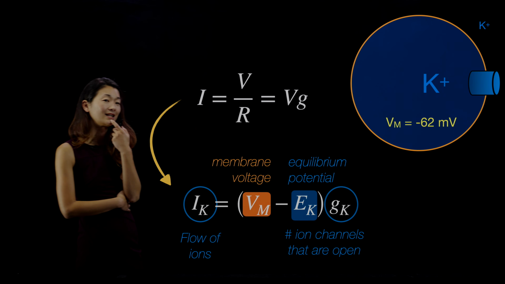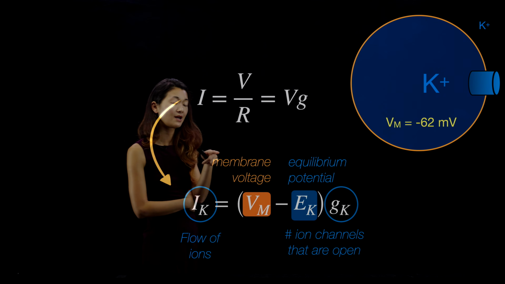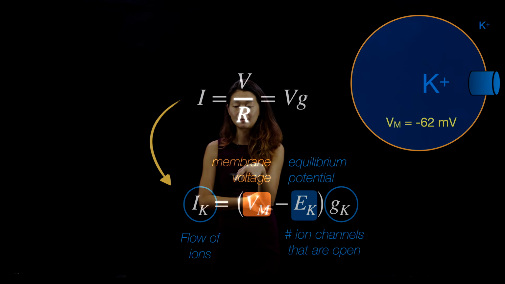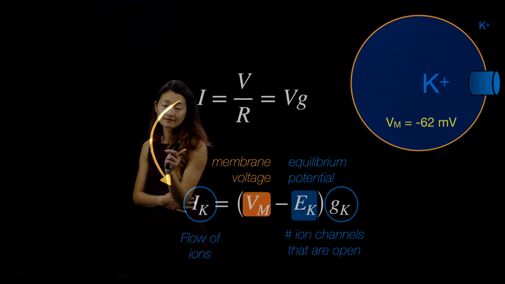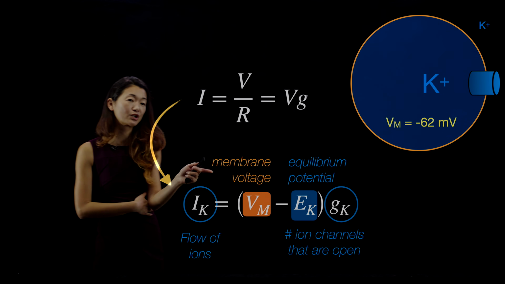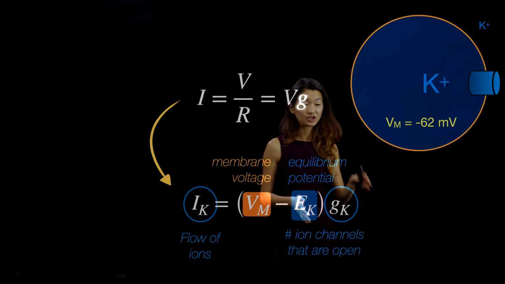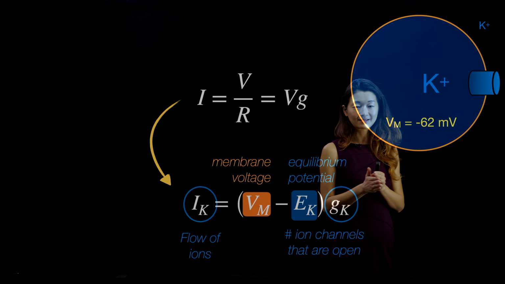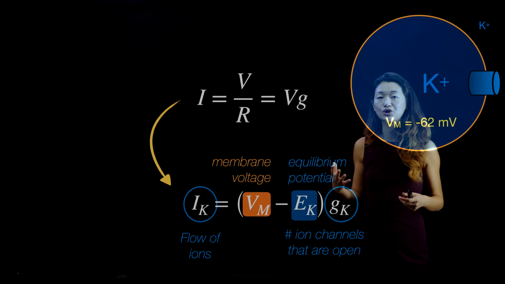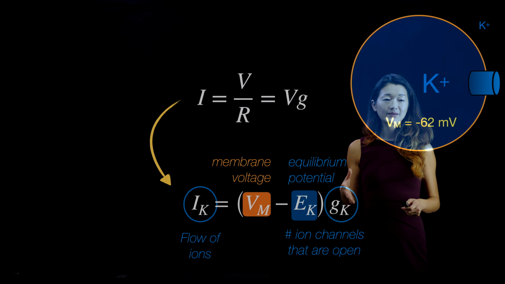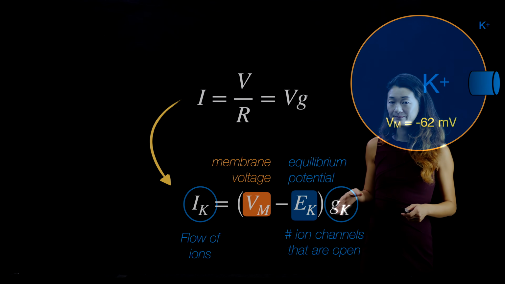Let's think about that for a second to make sure this makes sense to us. Okay? So the flow of ions is a net flow of ions, right? Net flow of ions is going to be proportional to V sub m minus E sub K times G sub K. So let's see if this jives with what our intuition says should be happening here. G sub K is the number of ion channels that are open.